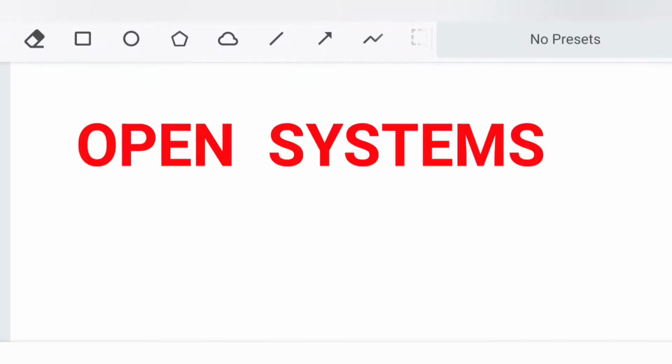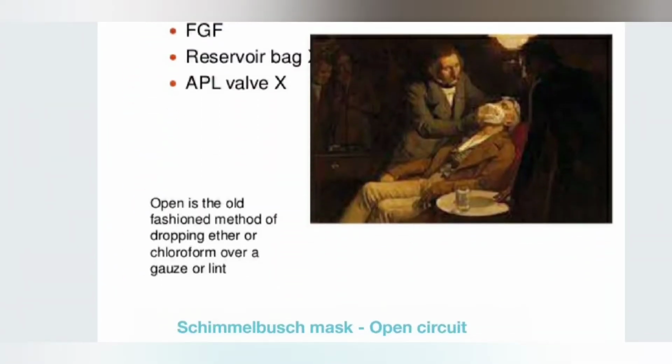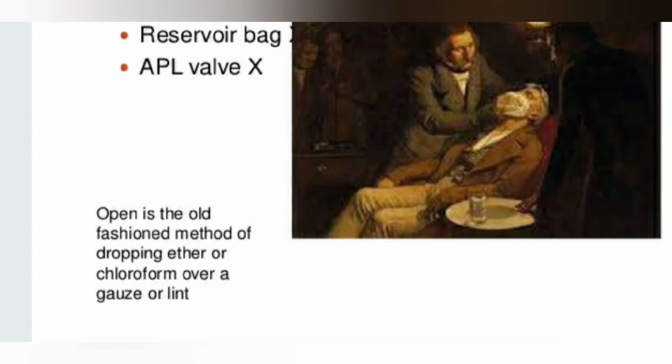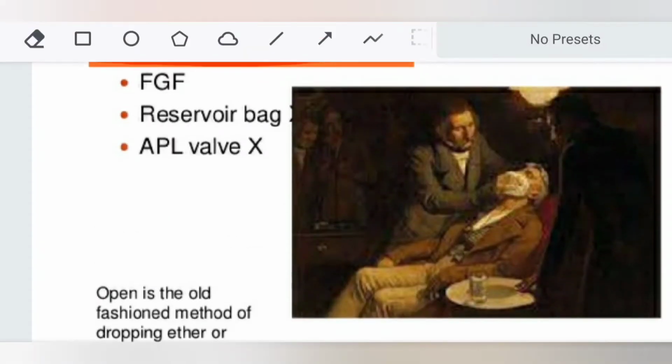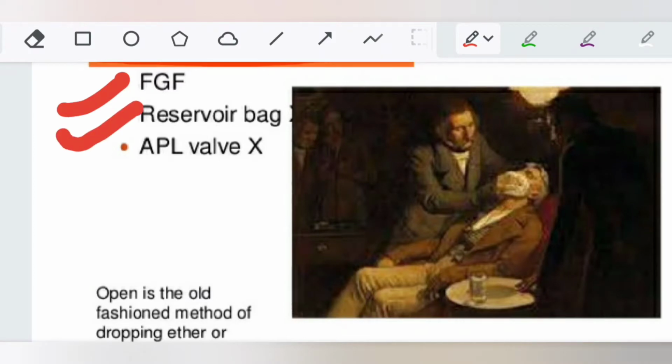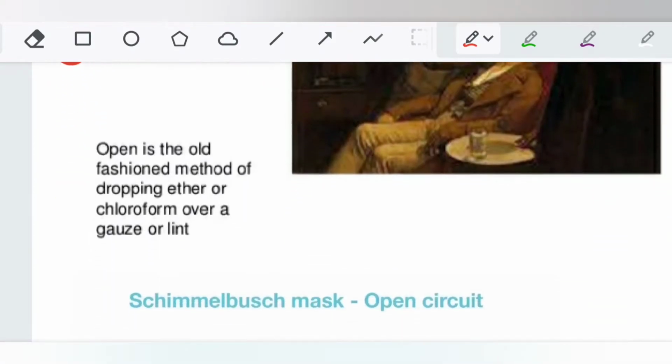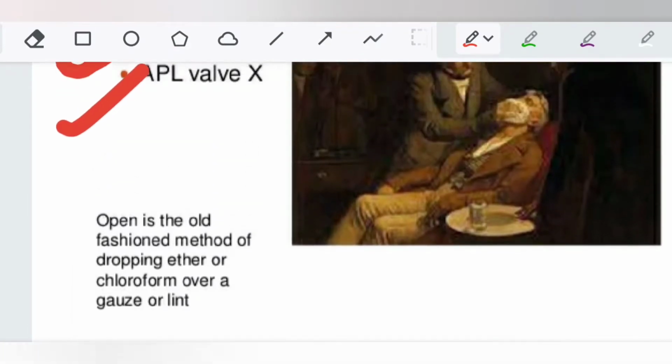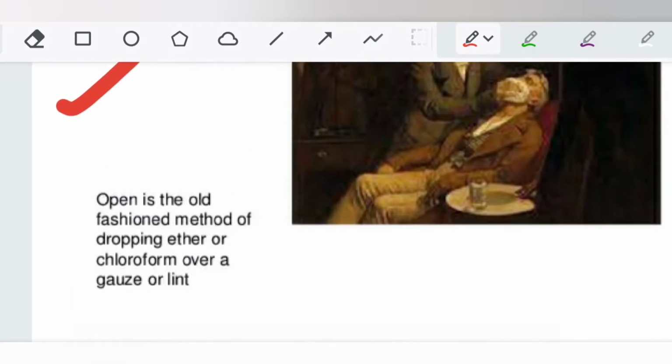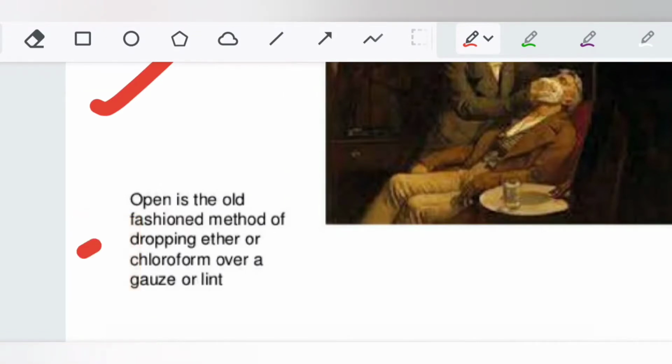Now coming to open systems. Examples of the open method include fresh gas flow, reservoir bag or APL valve. Another method was the old-fashioned method where a drop of chloroform would be poured over a gauze or just a cloth.